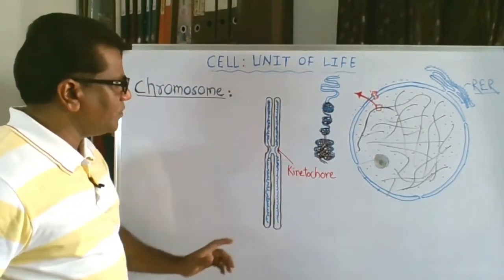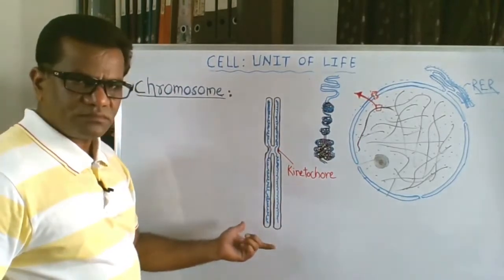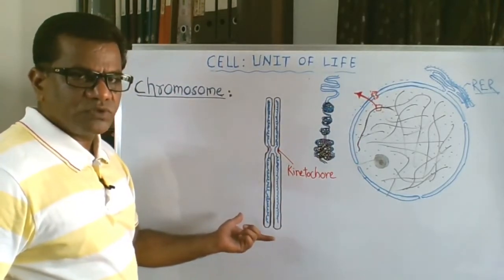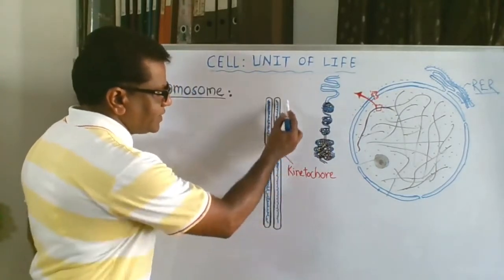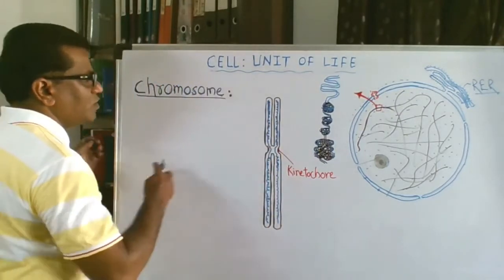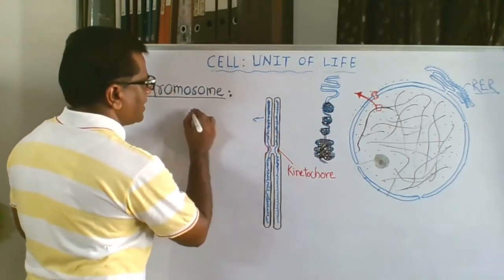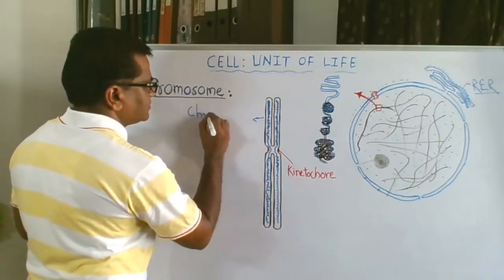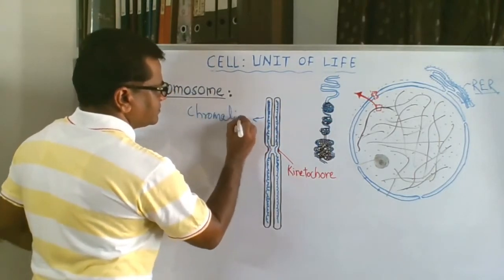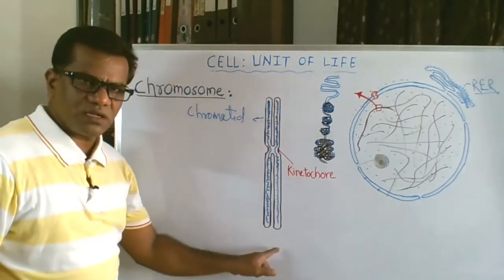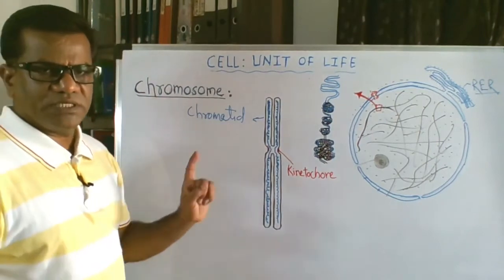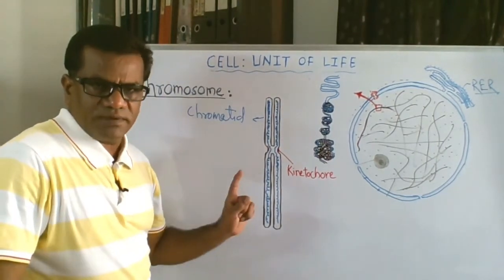In this chromosome we can see 2 chromatids. So, here this is one chromatid, this is another chromatid. In a chromosome generally 2 chromatids are present.